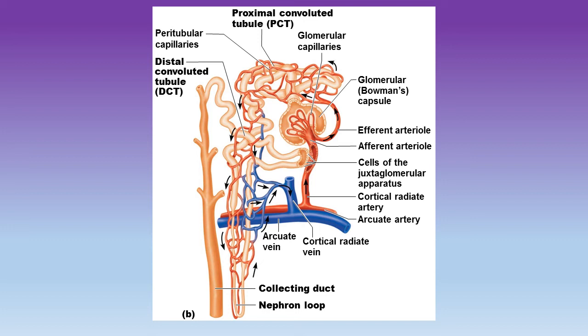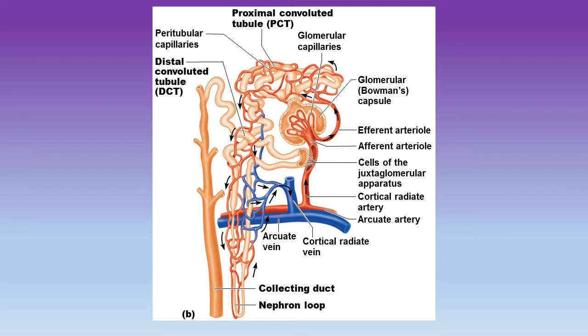But now in the PCT, and this is where there are all kinds of regulatory controls to determine what's happening right now, some substances will be reabsorbed, meaning you're going to put it back into the blood. So it's going to go out of the PCT into the peritubular capillaries. Now, you'll notice as it moves down, it will go down that nephron loop.